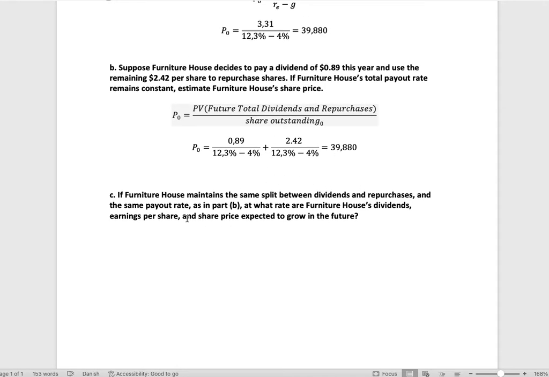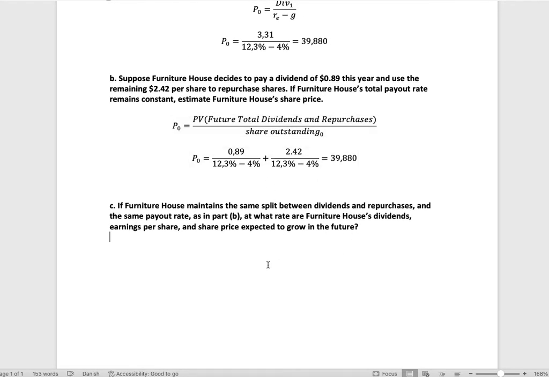We now have all this information from before. The dividend will be the same as in question B, at 0.89. What would we then expect the growth to be?